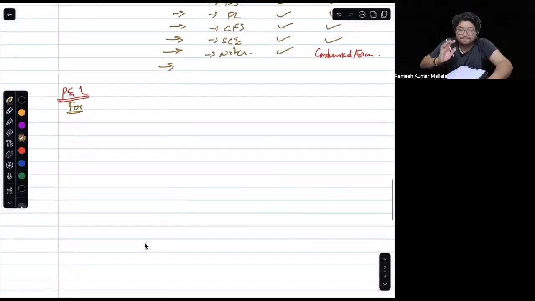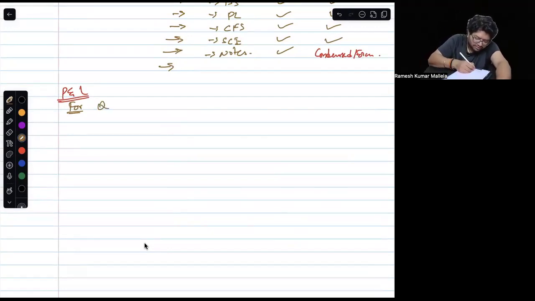Okay. Now, P&L, how you will prepare அன்றது பாத்தீங்கன்னா, for the quarter April to June, there will be particulars.